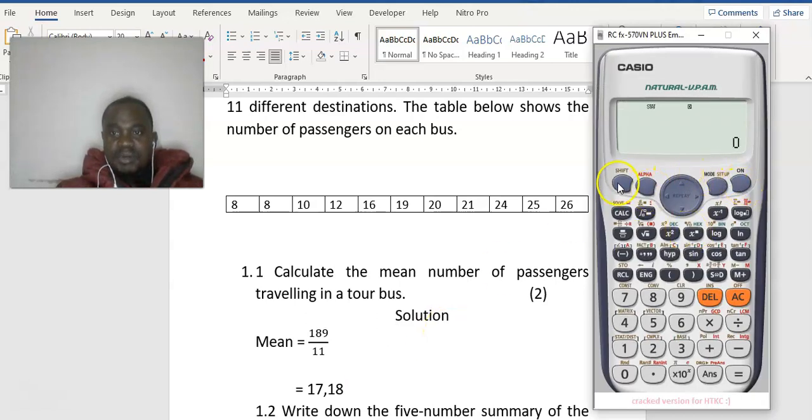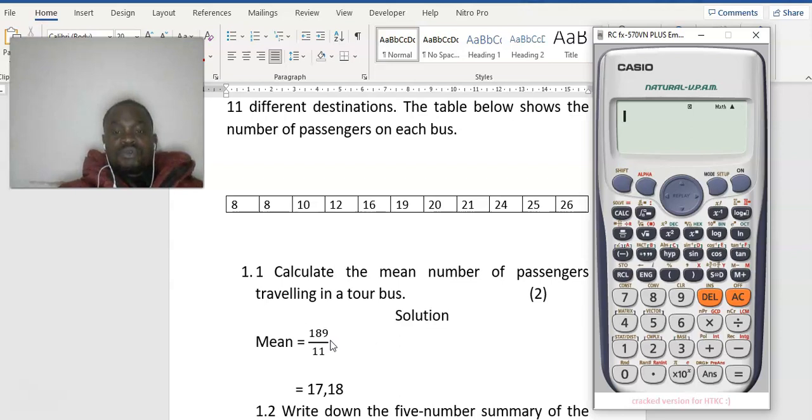Let me clear my calculator. So 189 divided by 11. So this gives us 17.1818.